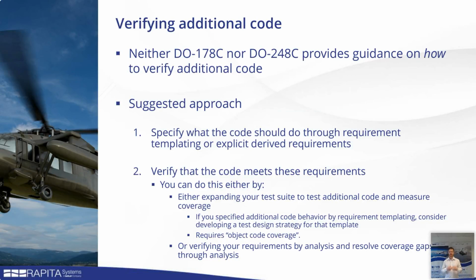Verification means proving this is correct, and the way that you do verification of software in DO-178C, source code or object code, is to write requirements-based tests. Sorry, you write requirements, you write tests from those requirements, and in order to check that your tests fully match your requirements and your implementation fully matches requirements, you should end up with 100% code coverage.